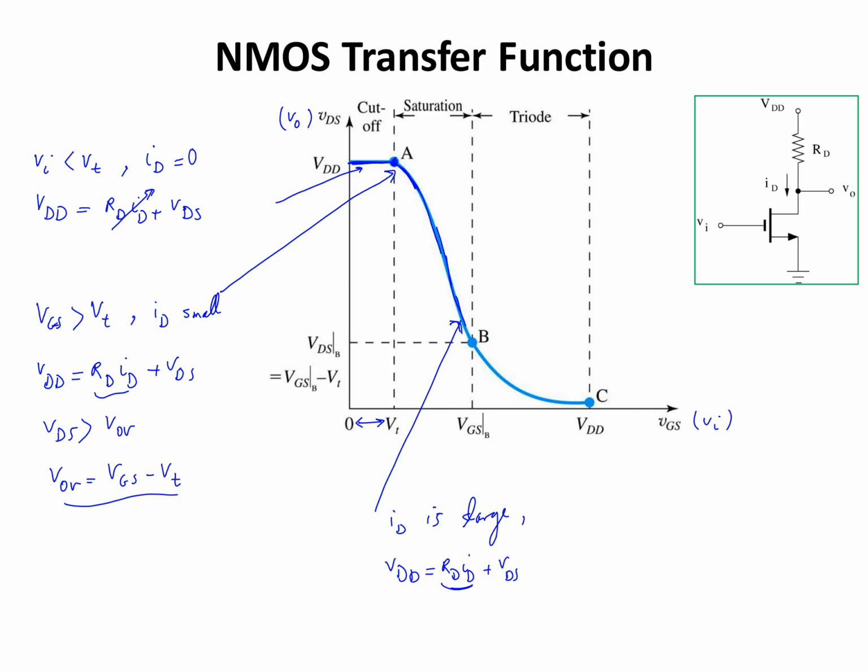If ID is a large number, RD times ID is also large, and VDS is going to be a small number and smaller than VDD.